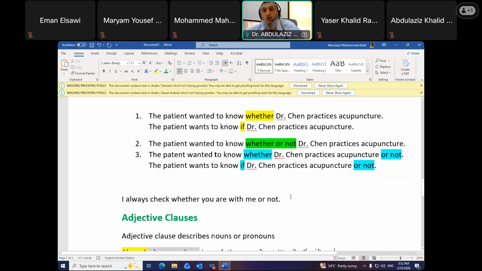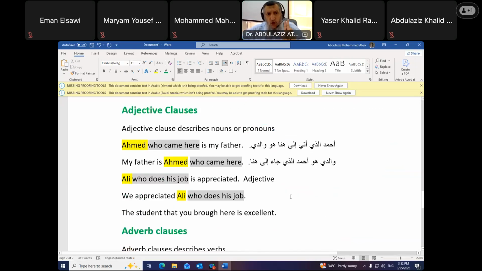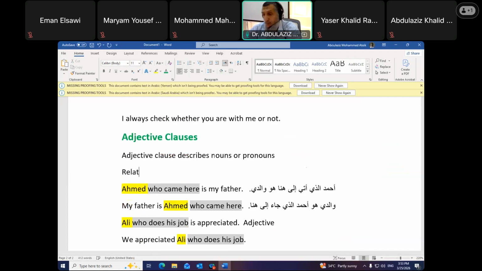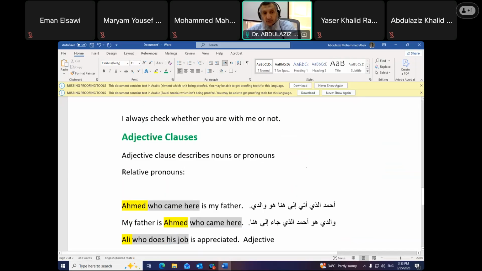Adjective clauses, we have two types. Number 1, relative pronouns. And the relative pronouns are here. We have relative pronouns, and we have adverb pronouns.